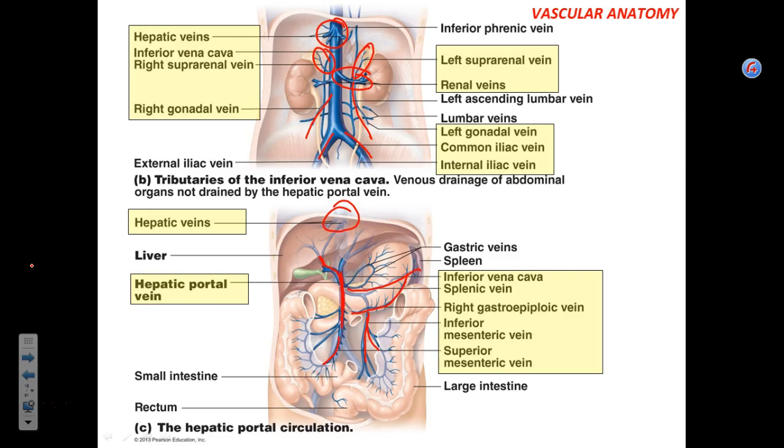So superior mesenteric vein will supply the blood to the ascending colon, the parts of the small intestine and the cecum, sort of a proximal part of the intestine. While the inferior mesenteric vein will bring blood to the descending and sigmoid colon.